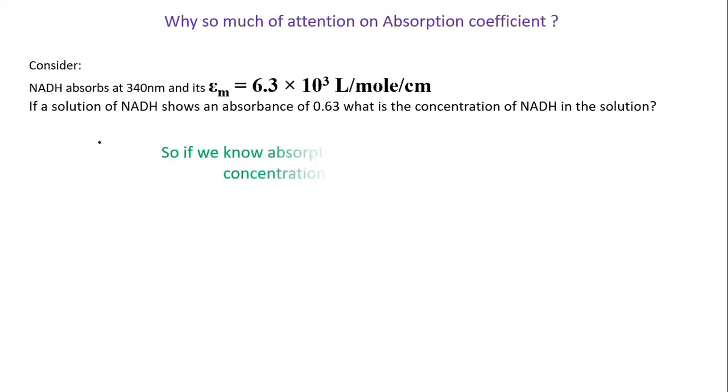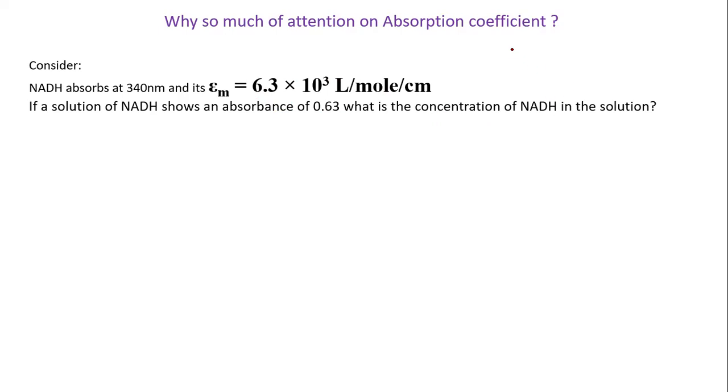So if I say that NADH has a molar absorption coefficient of 6.3 into 10 raised to 3, then what do you understand by this term? That its absorbance at 1 molar concentration and 1 centimeter path length is 6.3 into 10 to the power 3. Correct.